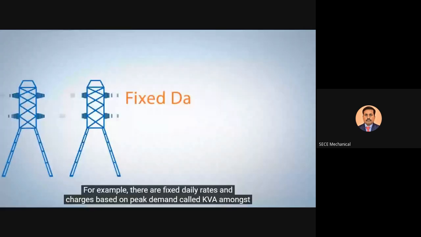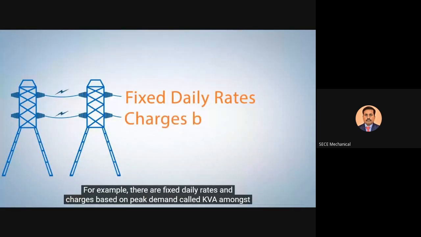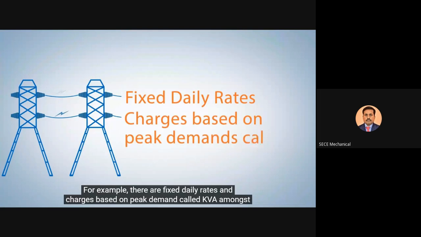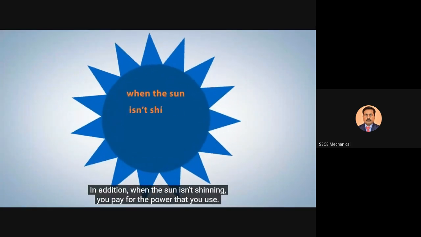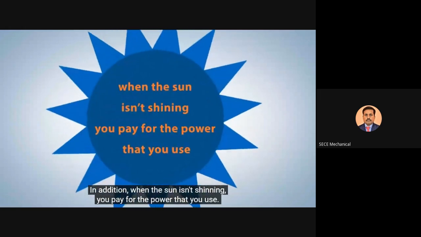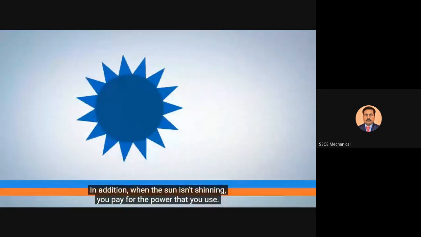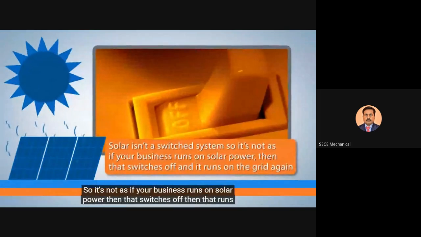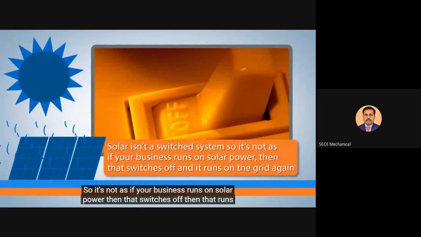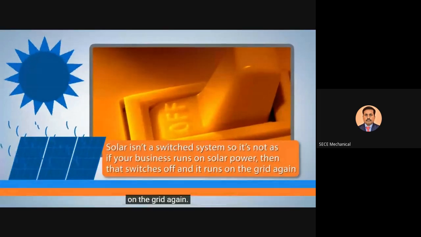For example, there are fixed daily rates and charges based on peak demand called kVA, amongst others. In addition, when the sun isn't shining, you pay for the power that you use. Solar isn't a switched system, so it's not as if your business runs on solar power, then that switches off and it runs on the grid again.